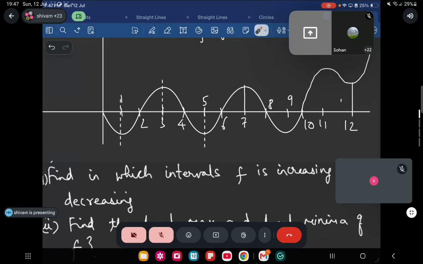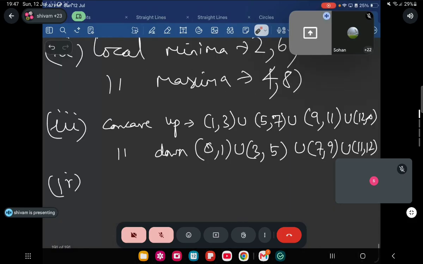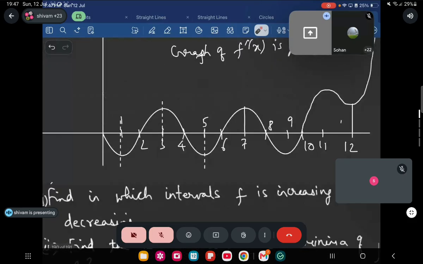Concavity changes, right? First of all, it was concave down, then it is concave up, right? So it will be 1, 3, 5, 7, 9, 11. 9 and 11. Okay. Are people getting? 12 also. Wait, let me see.